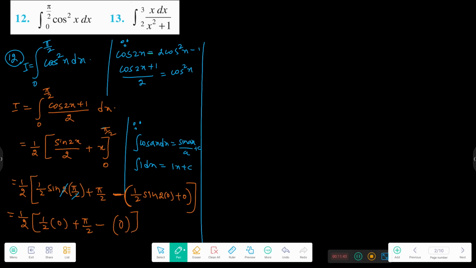That you leave it. So what I am getting finally, 1 by 2 into 0, leave it. This also 0, you leave it. Finally what I am getting inside the bracket is pi by 2, which is equal to pi divided by 4, our required answer for question number 12.